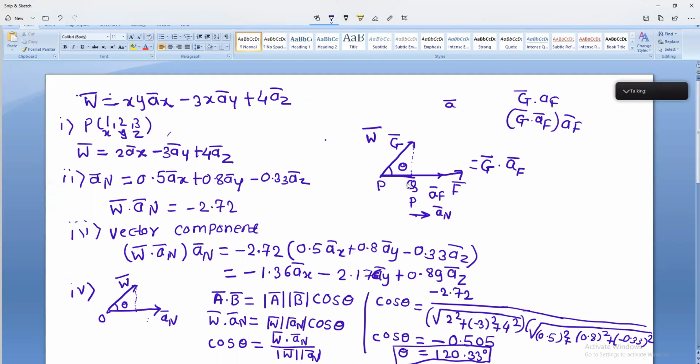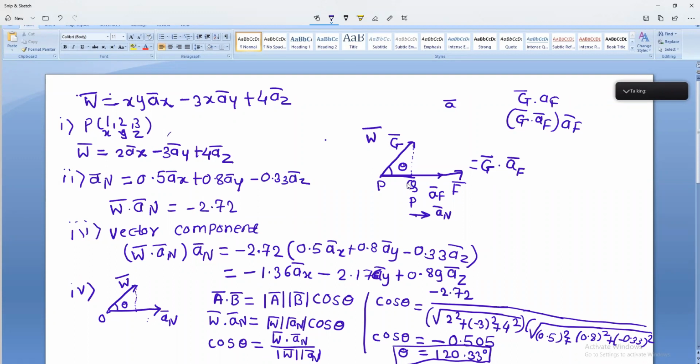Now the third question is the vector component of w bar at point P in the direction of a bar n. The vector component is a vector quantity, so we have to multiply the scalar quantity, the scalar projection, by the unit vector a bar n. So the vector component is equal to w bar dot a bar n into unit vector a bar n.